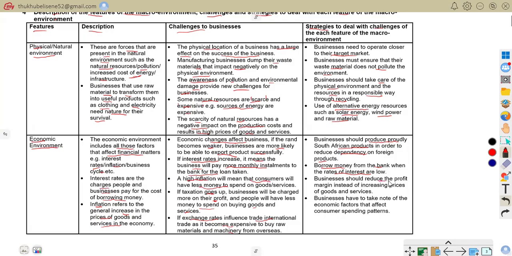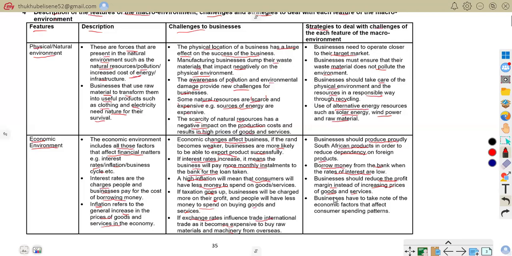Business should reduce the profit margin instead of increasing selling prices of goods and services. And keep customers by not increasing prices too much. That is what it means.